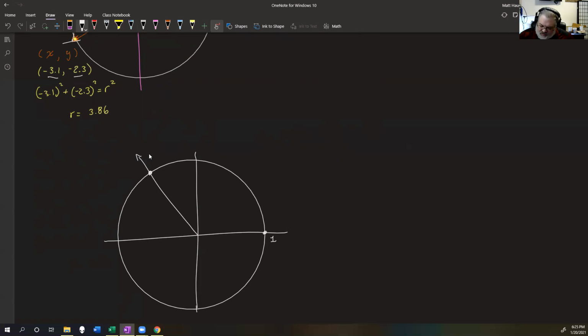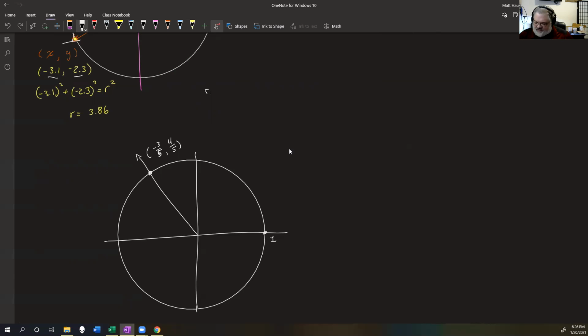So if we imagine a point on that circle of radius 1, I'm going to give you a point on that circle here: negative 3/5 and 4/5. Again, you can use the Pythagorean theorem to test and make sure that point is on a circle of radius 1. Make sure the Pythagorean theorem puts out that 1. It will.